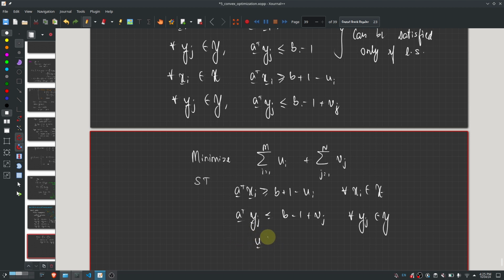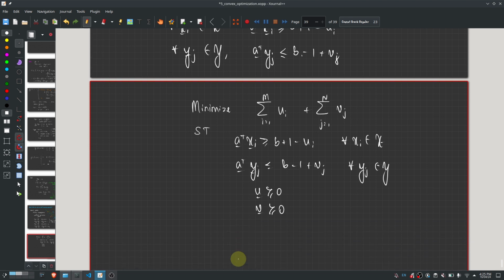So we want u to be greater than or equal to 0 and v to be greater than or equal to 0. So we only want to measure the u_i's and v_j's if that point is misclassified. So this is what is called a support vector classifier.